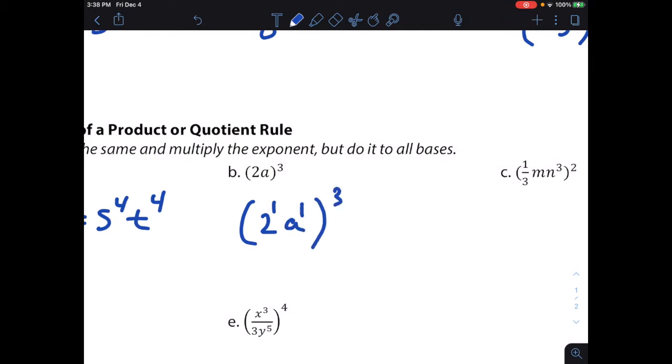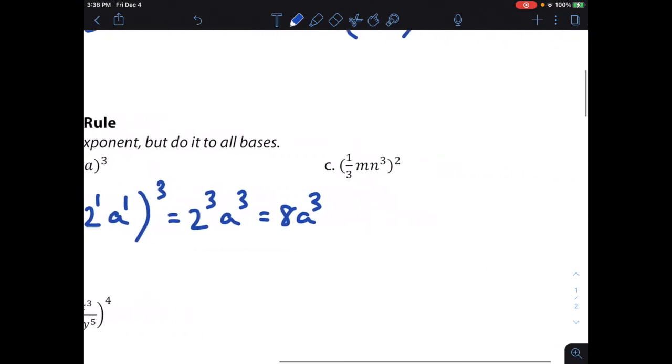And if we're taking it all to the 3rd power, it becomes 2 to the 3rd power, a to the 3rd power. And then in this case, we can simplify this one a little bit more, and we could say, hey, this becomes 8a to the 3rd power. Because generally speaking, if we have a number to a power, we're going to want to simplify that. We're actually going to want to do the multiplication that it's telling us to do.